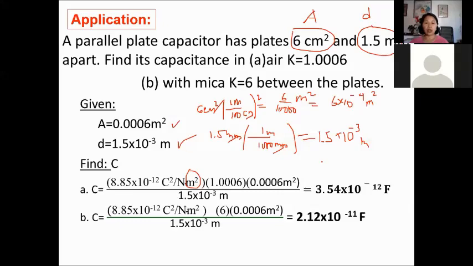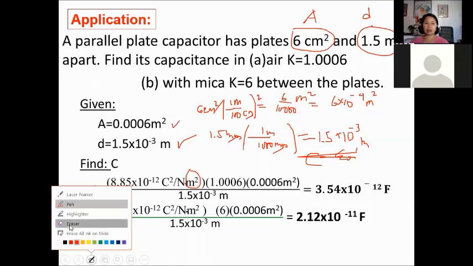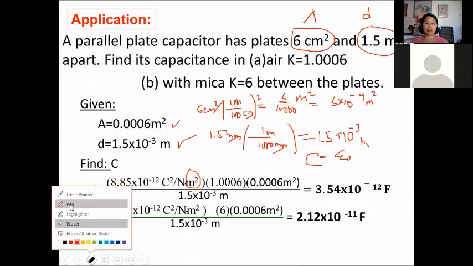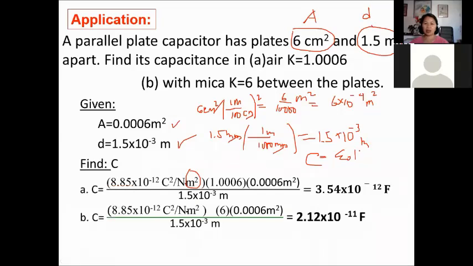Okay, so next is to recall anong formula ng capacitance. Simply C, since given na yung K, C is epsilon naught times K, area divided by distance. Okay? So, ito yung formula ng dalawa solution sa A and B. Magkapareho ang value sa epsilon naught, area at saka distance.